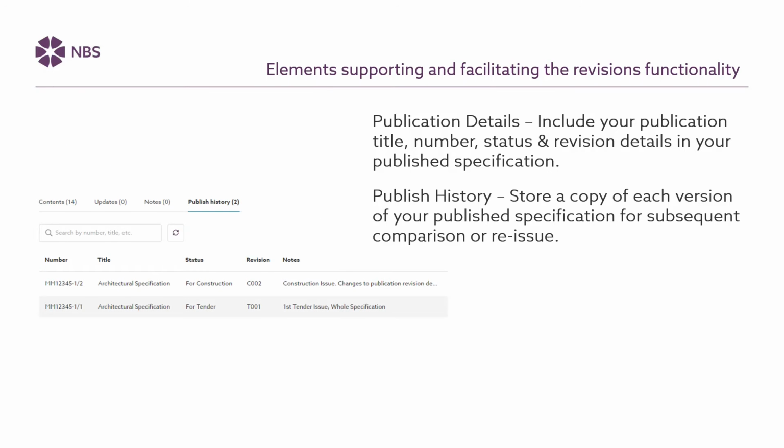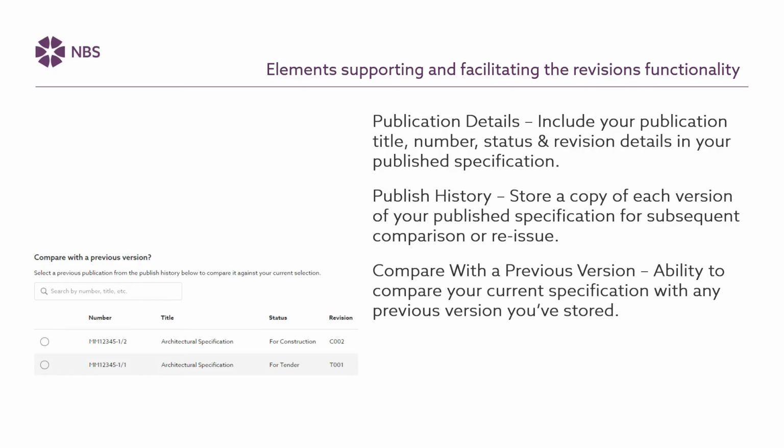Then there's the publish history list. As you can see, this shows all of the information you entered when publishing your specifications. You can also manage the publish history records and republish the previous versions saved here. When you publish your specification, you're presented with a list of all of the previously saved versions.